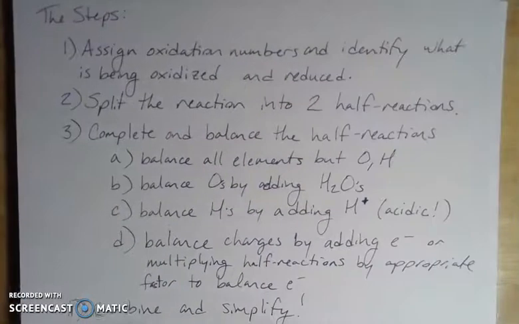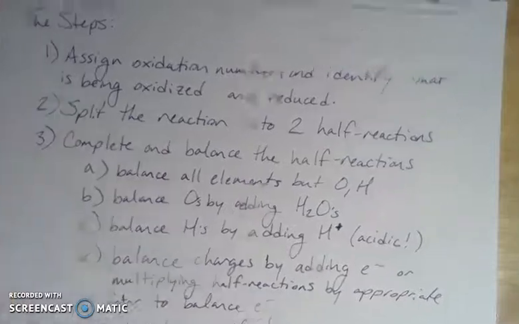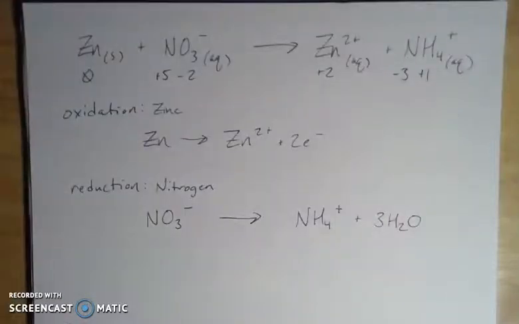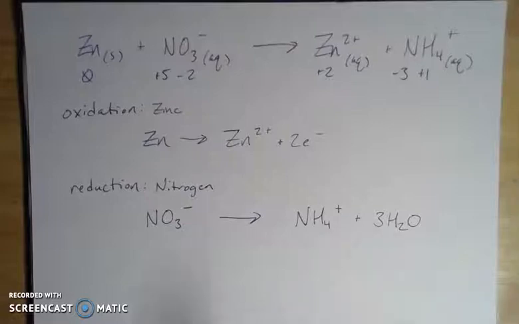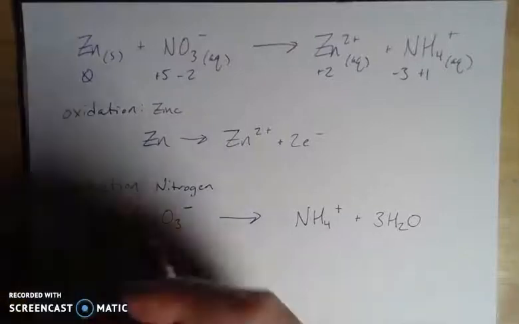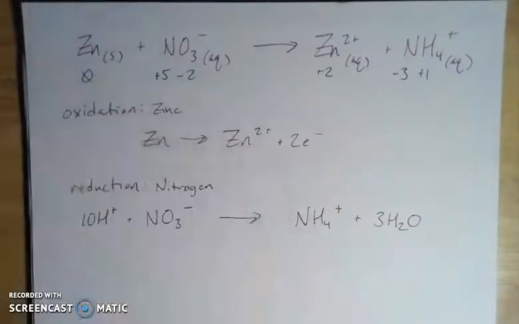Okay, so now that I have my oxygens balanced out, I need to balance my hydrogens by adding H+. Now I have 4 hydrogens here, 6 hydrogens here. That must mean I need to add 10 hydrogens to this side. And again, I can add as much of the acid as I want because we're balancing this redox reaction in an acidic environment.